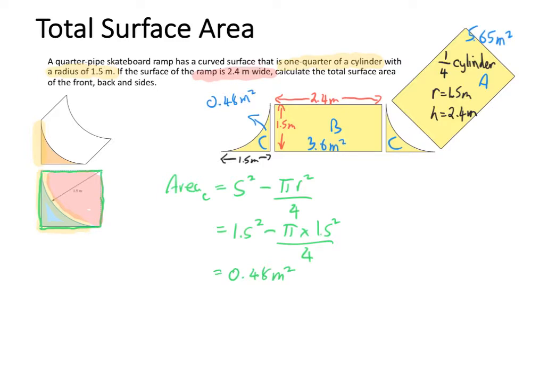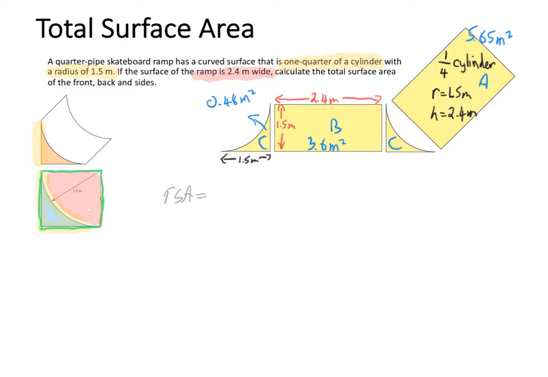So now I have all the individual areas. I can proceed to calculate the total surface area of the skateboard ramp. So the total surface area of the skateboard ramp is going to be the area of A plus the area of B plus 2 times the area of C. So substituting in my values, it's going to be 5.65 plus 3.6 plus 2 times 0.48.